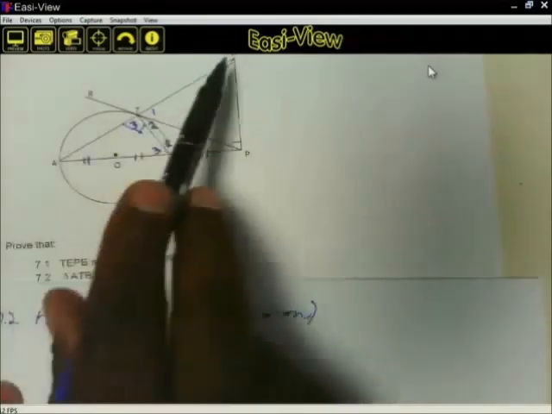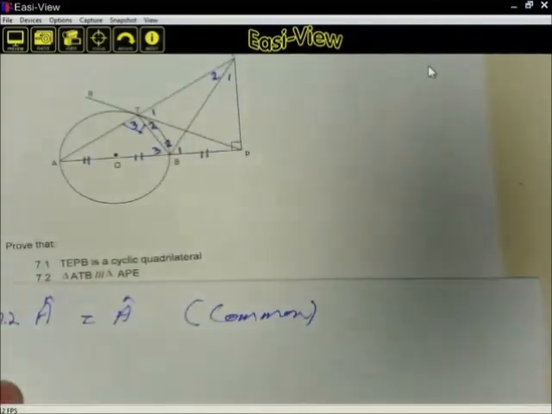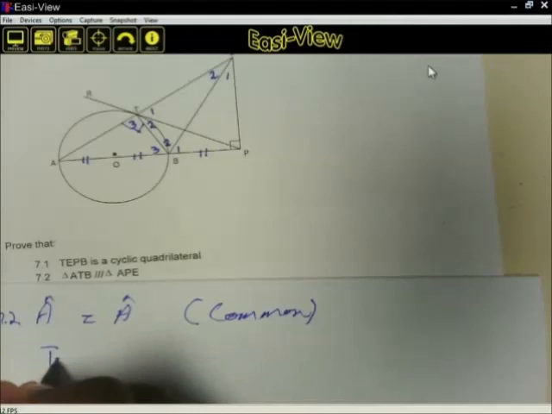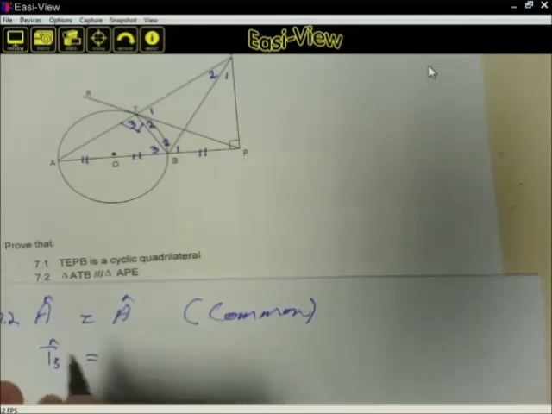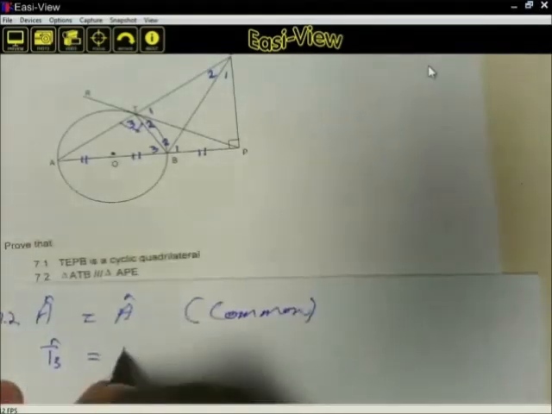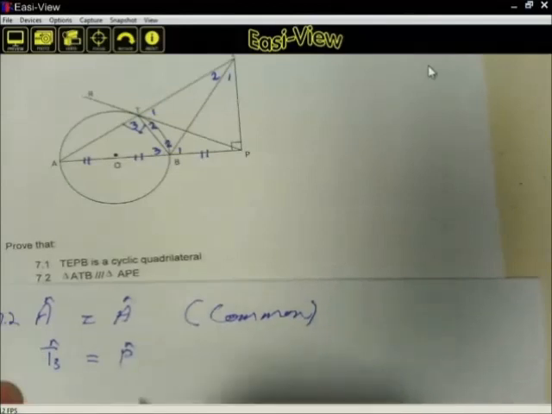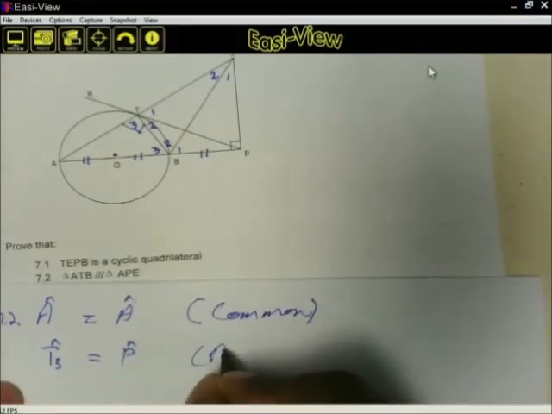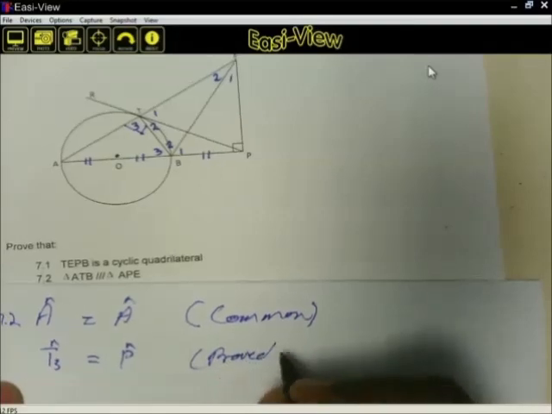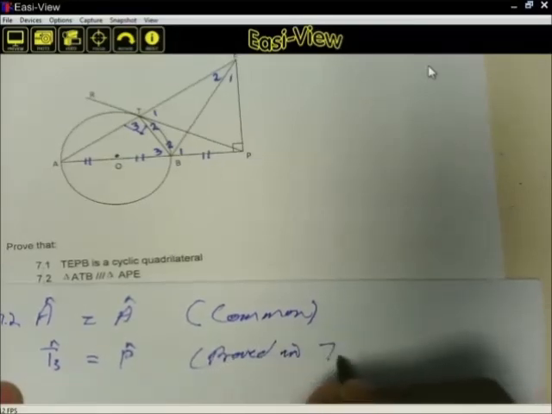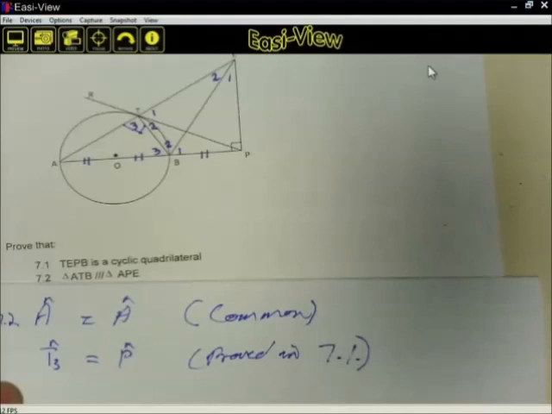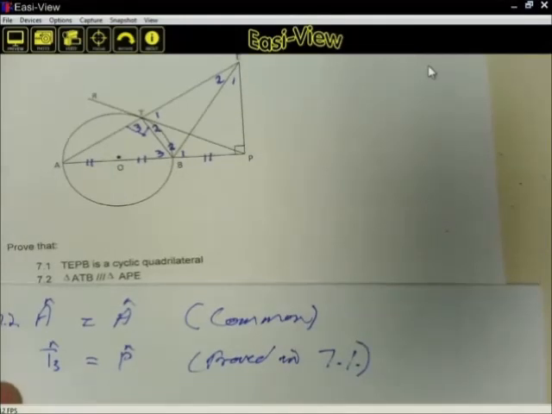ATB, AEP. So A is in both triangles. Angle T3 is equals to P. We have proved that in 7.1, both equals to 90. Remember 7.1, we proved that T3 is equals to P.